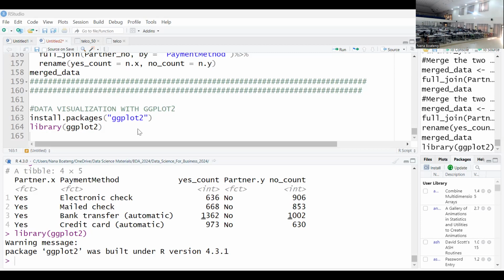Everything is done now. If it's done, then you call ggplot from the library. You all have it now.